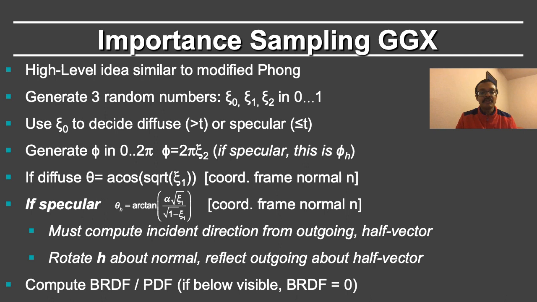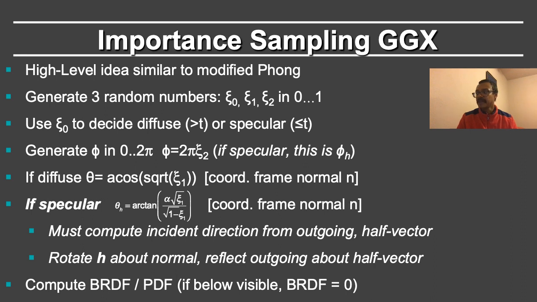The recipe for importance sampling the GGX model is similar to what you did for the Phong model. You generate 3 random numbers xi0, xi1, and xi2 in the range 0 to 1. You use xi0 to decide whether you want to sample the diffuse or the specular component. Then you generate phi in the range 0 to 2 pi by looking at xi2 and multiplying by 2 pi.